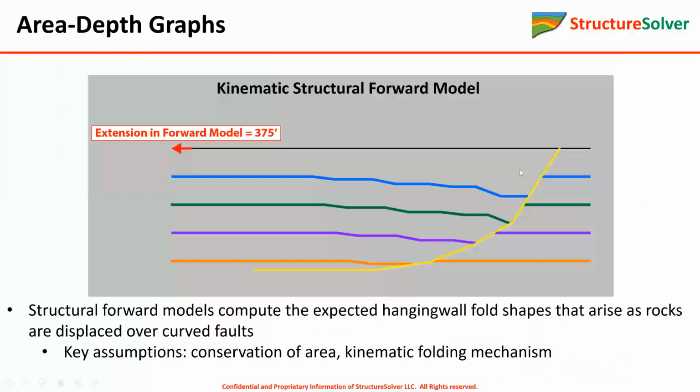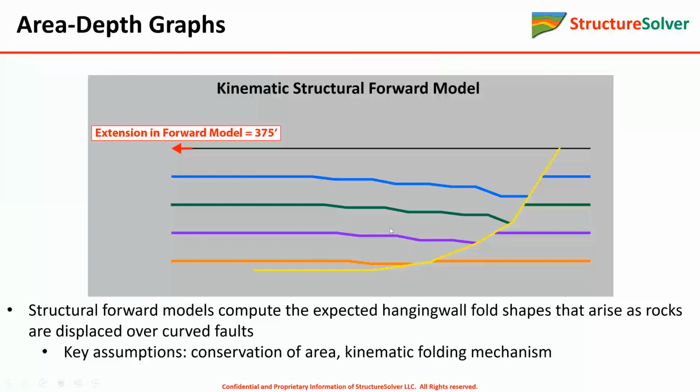So in practice, the way that this is applied is somewhat removed from how people are used to using bed lengths for restoring and estimating displacement. And so what we'll do here is just take one more quick look at how we're going to do this. In this case, we're looking at an extensional forward model that was created in Structure Solver. We've had a few previous presentations on this, but if you're not familiar, structural forward models are essentially a way of computing the geometry of a fold or a folded horizon from the shape of the fault, assuming constant area during deformation.